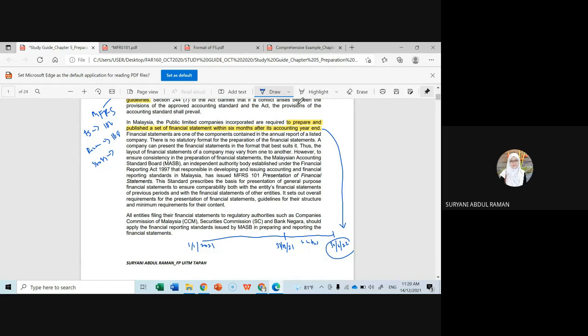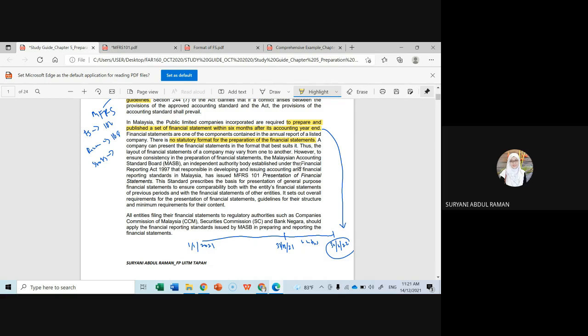So what it means here is that, in Malaysia before that, there was basically no statutory format to prepare the financial statement, meaning there is no fixed format to follow. But somehow, to ensure consistency from one company to another, the Financial Reporting Act has established an independent authority body.